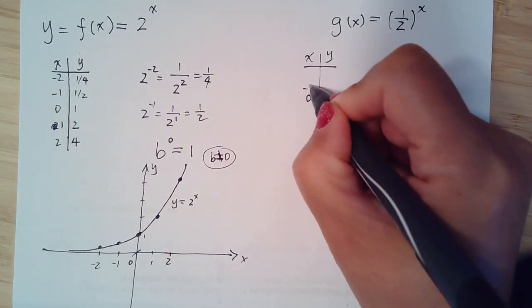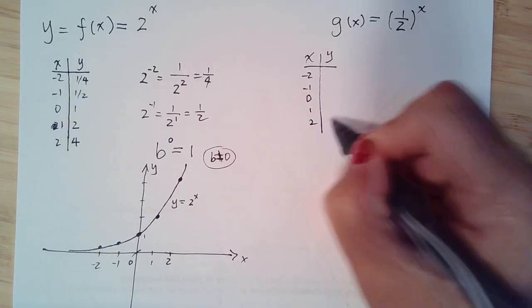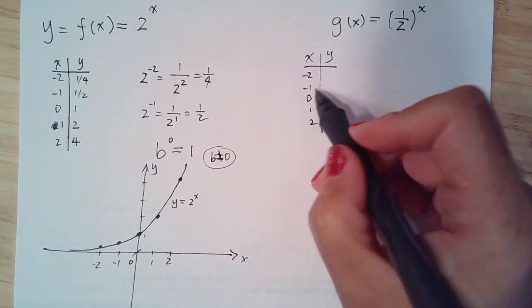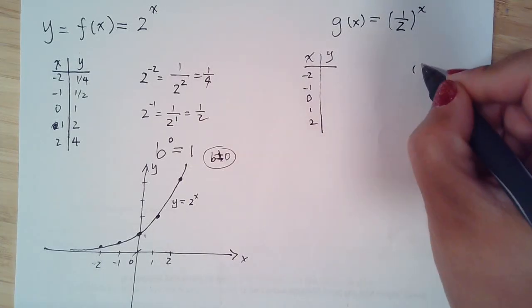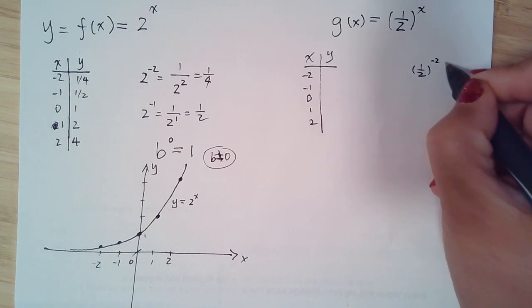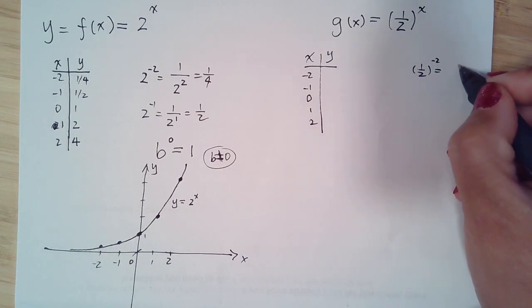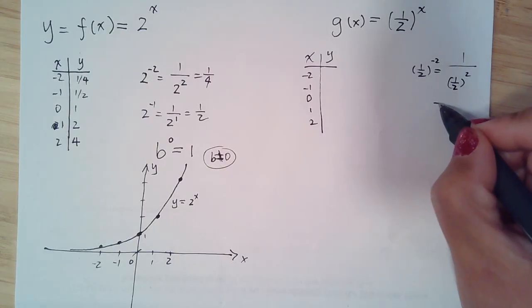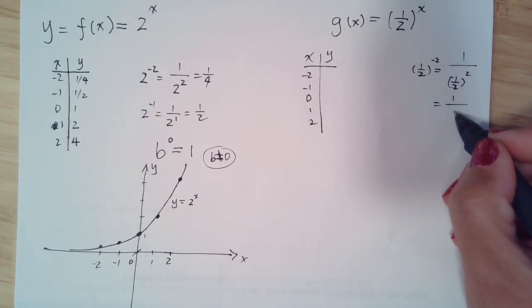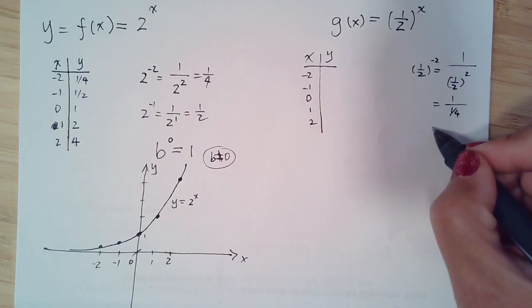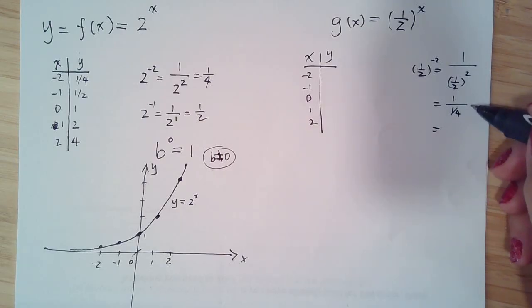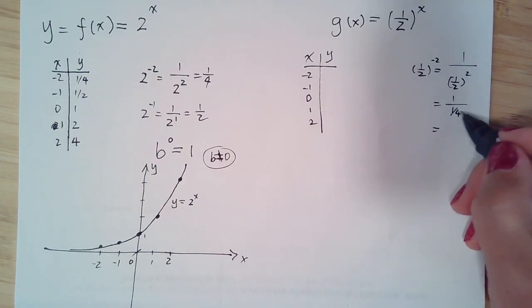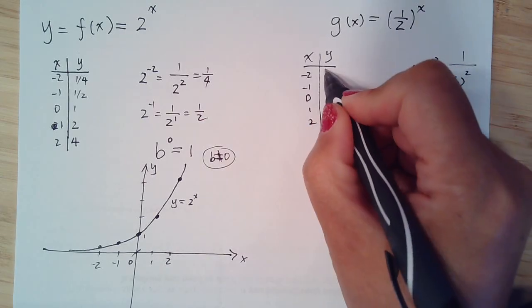All right, very similar. Again, we choose this as my x value and then plug that in. When x equals -2, that will be 1/2 to the -2 power, which is 1 over 1/2 squared, which is 1 over 1/4. And 1 divided by 1/4 means 1 multiplied by the reciprocal, so the answer is 4.